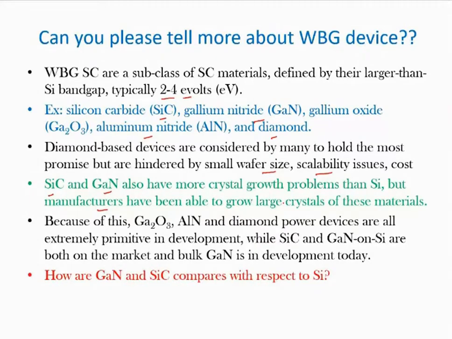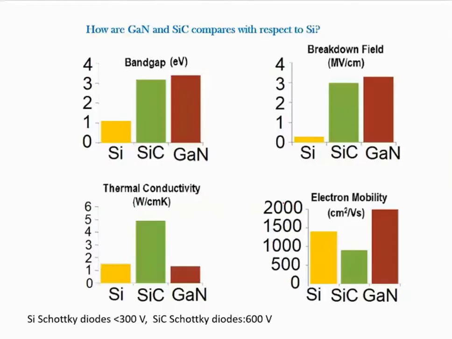So just to have a comparison between GaN and silicon carbide, so that you can have a clear picture. You can see this is the band gap comparison, and silicon carbide and GaN offer more band gap. If you talk about the thermal conductivity, so I repeat, thermal conductivity is, in layman terms, you can think of how easily you can take out the heat developed in the junction, and how easily you can dissipate the heat to some external medium, maybe a heat sink or to the ambient.